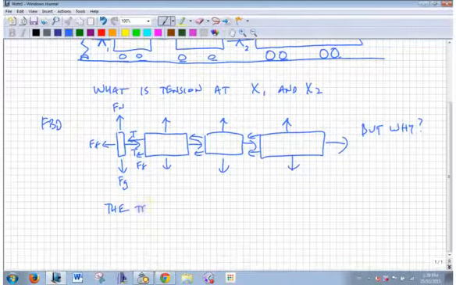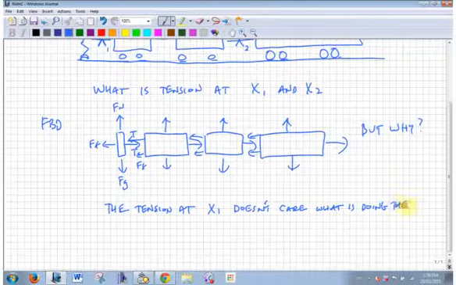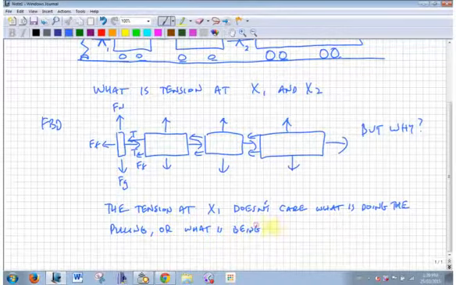The tension at X1 doesn't care what is doing the pulling or what is being pulled.